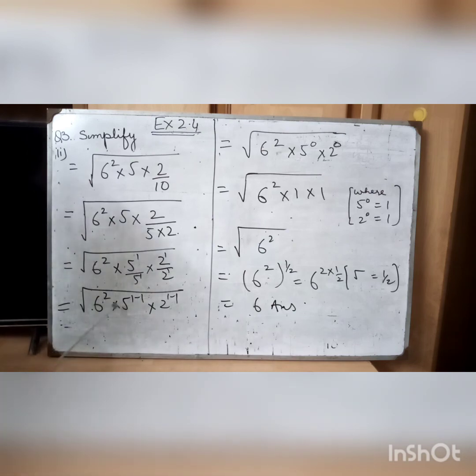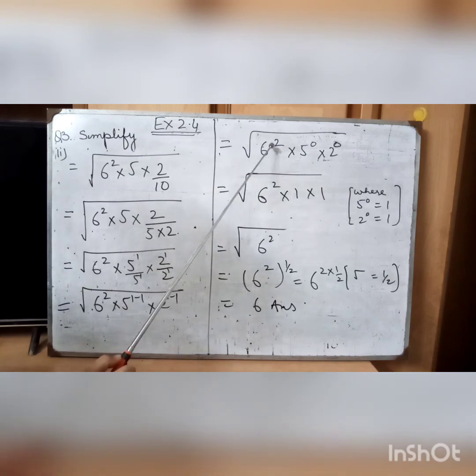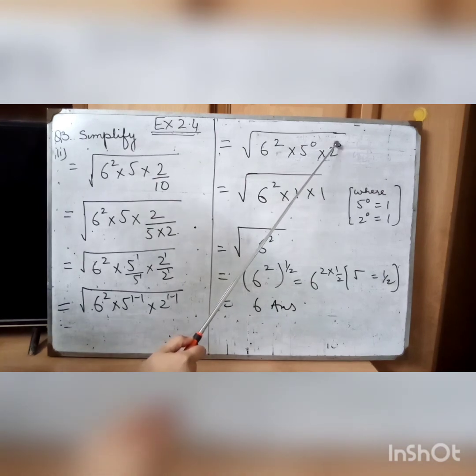Using the law of indices, we have square root of 6 square multiplied by 5 raised to power 1 minus 1 multiplied by 2 raised to power 1 minus 1. After simplification, we have square root of 6 raised to power 2 multiplied by 5 raised to power 0 multiplied by 2 raised to power 0.